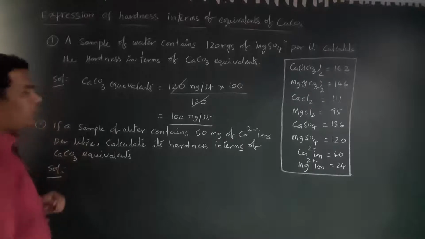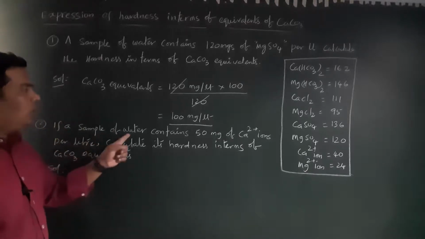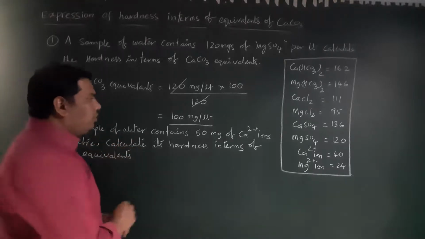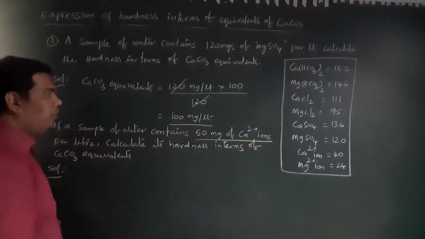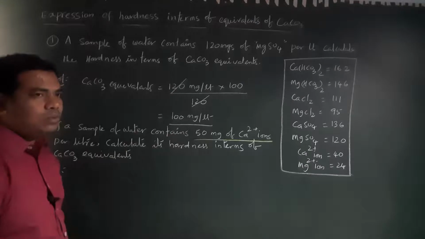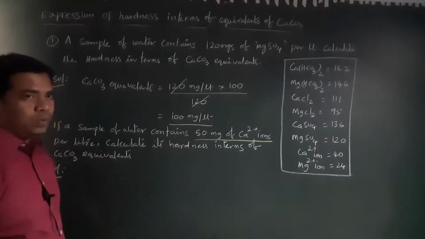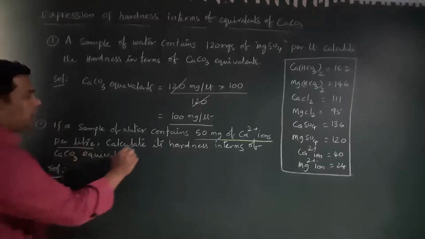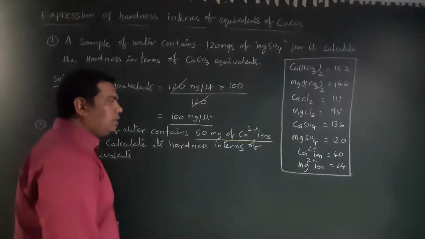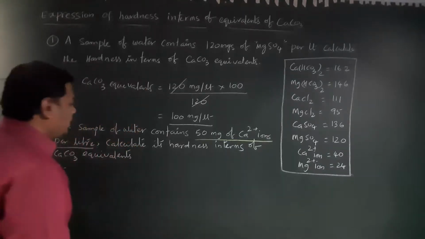Okay. The second problem: if a sample of water contains 50 milligrams of Ca2+ ions. So please remember, 50 milligrams of Ca2+ ions, not copper, not calcium sulfate, per liter. Calculate its hardness in terms of CaCO3 equivalent.